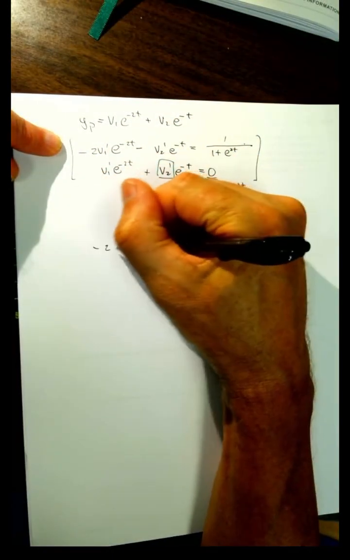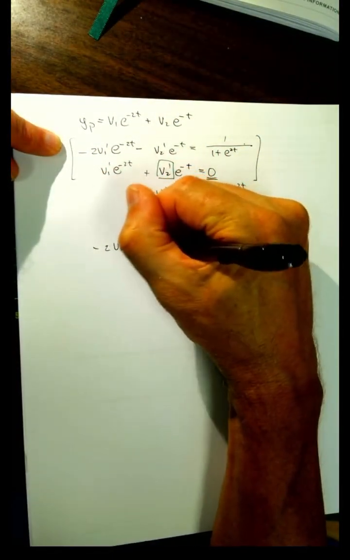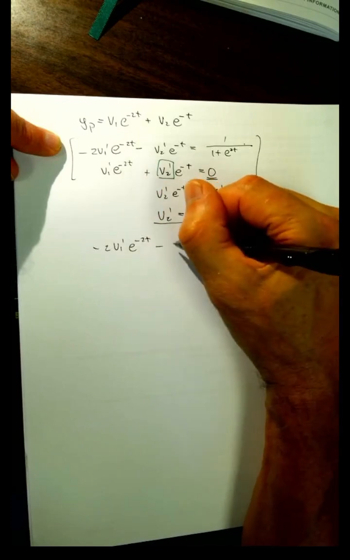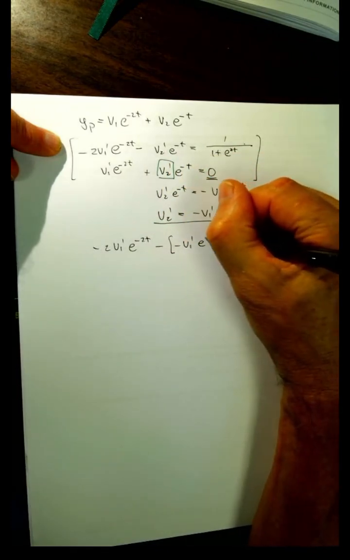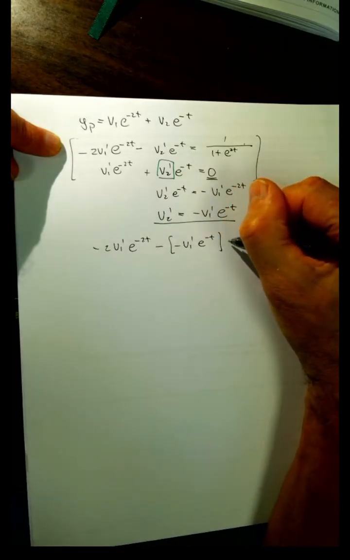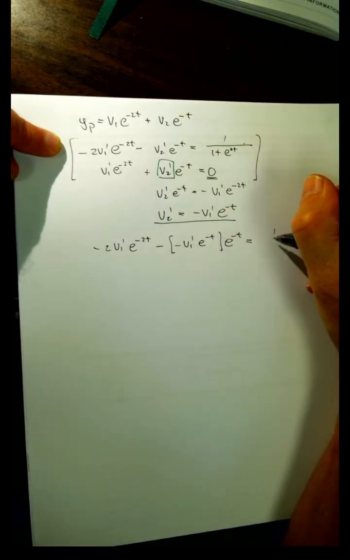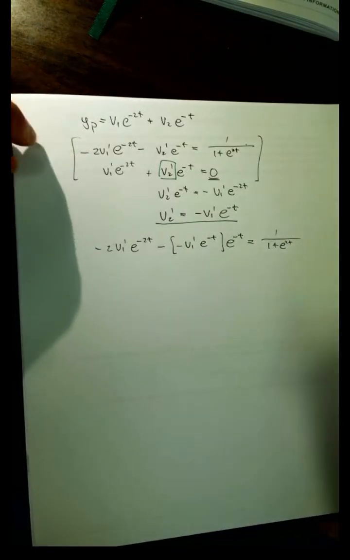I have minus 2 v1 prime e to the minus 2t minus v2 prime, which is minus v1 prime e to the minus t, times e to the minus t. It's 1 over 1 plus e to the 2t. So let's clean that up.